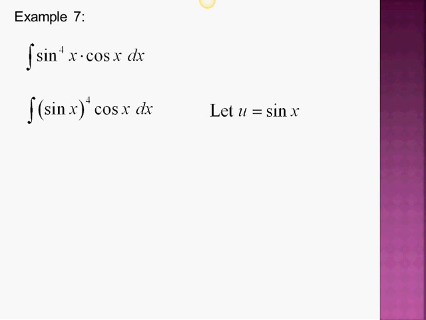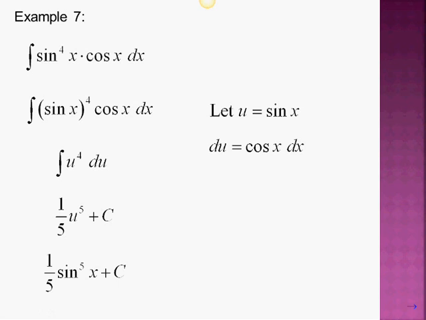You want to, in general, make your u that inside function. du would then be cosine of x dx, which, that's nice, I already have that there. So I'm just going to replace cosine of x dx with du. So when I rewrite this, I'll have the integral of u to the fourth du. Integrate, 1/5 u to the fifth plus c, and then replace: 1/5 sine to the fifth of x plus c.